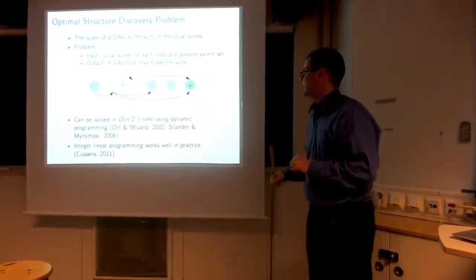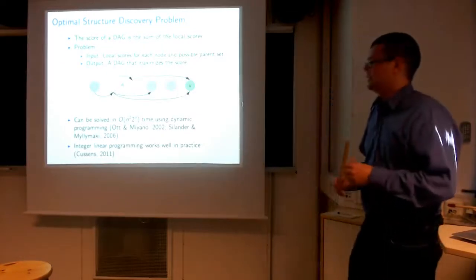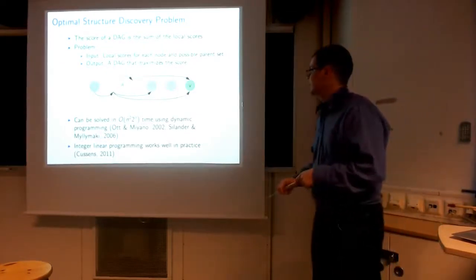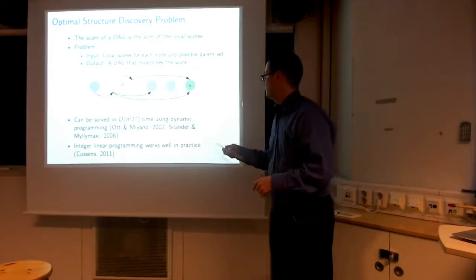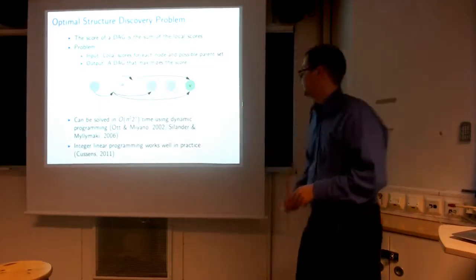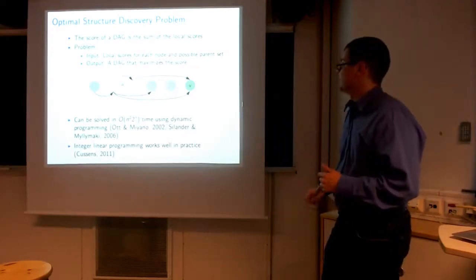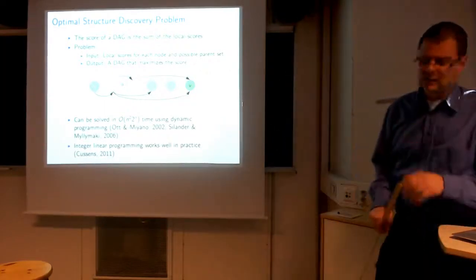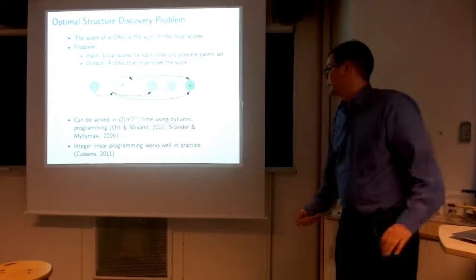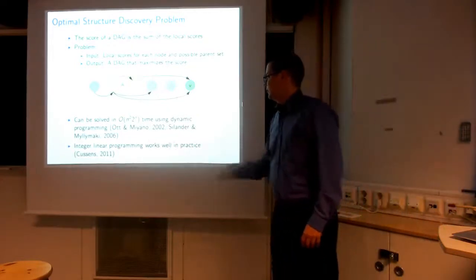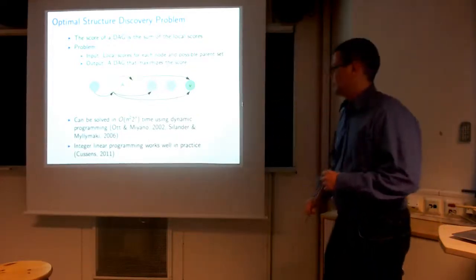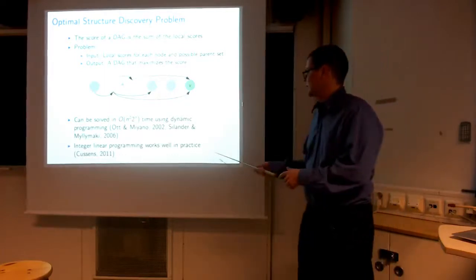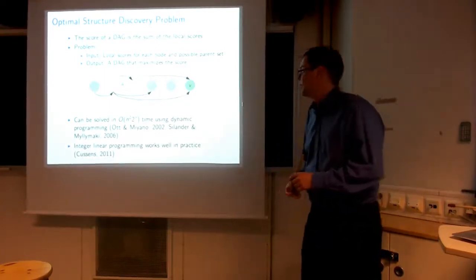And there are several ways to solve this. One is dynamic programming, which takes exponential time and does not scale beyond about 30 nodes. In practice, we can use integer linear programming, which can scale up in good cases to hundreds of variables.